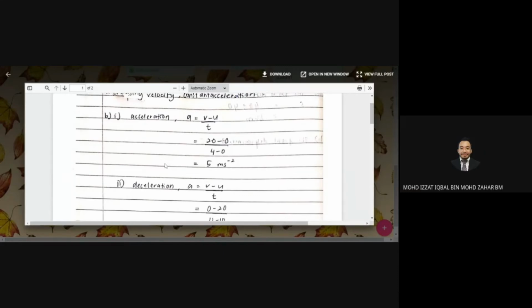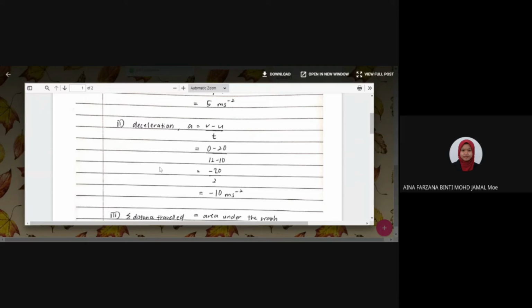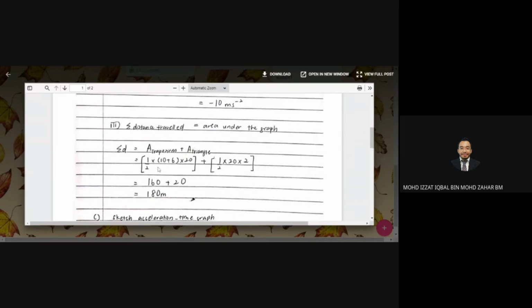Lepas tu substitute V final velocity, U initial velocity, divide by time. Dapat 5 meter per second. Okay, good. Untuk deceleration pun sama, substitute dalam formula juga. Yang ketiga, distance travel.